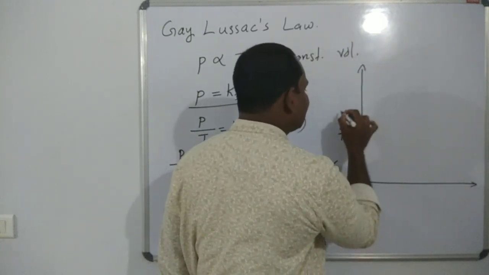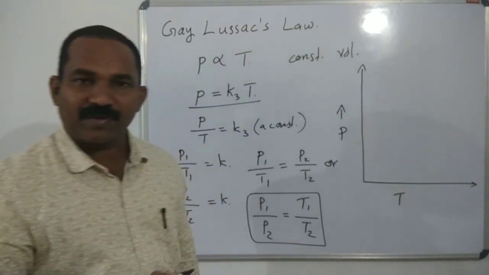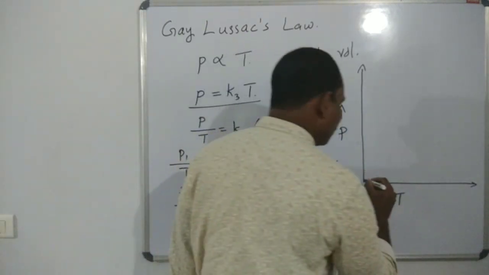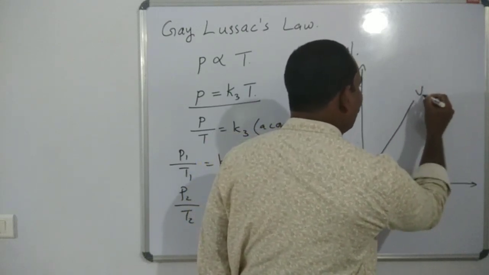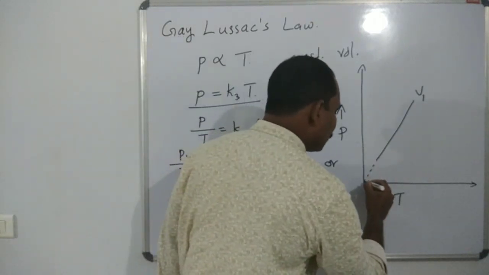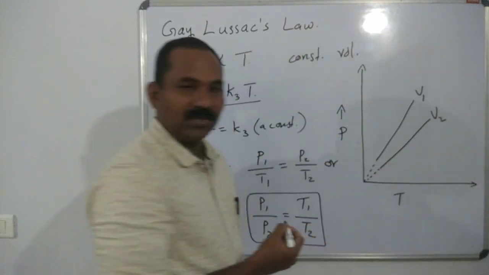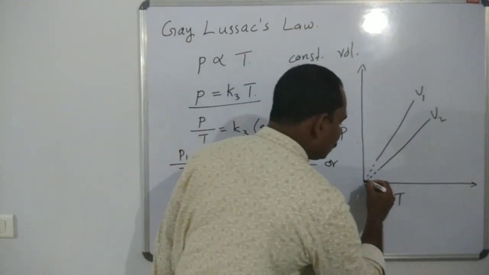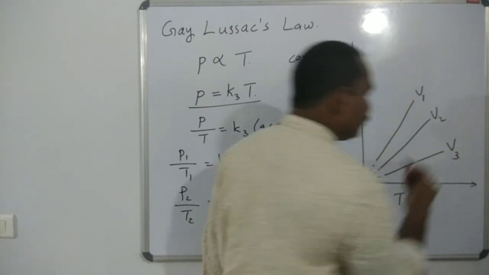Then let's make a plot: pressure versus temperature. This is the constant volume V1, constant volume V2, constant volume V3.